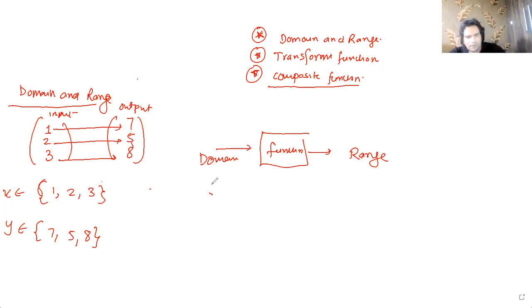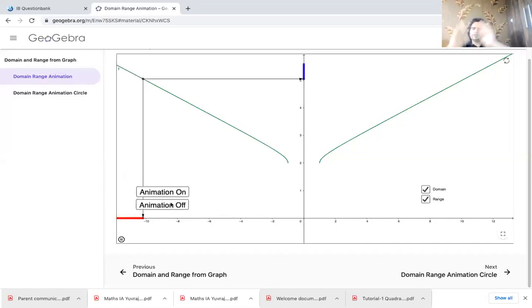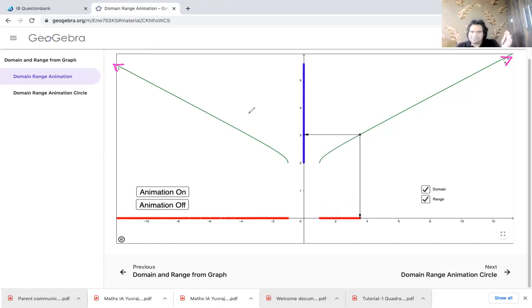graph, and I'll just show that animation here. Now when you look at the given graph, you can see that it extends to both sides all the way to infinity. Whatever x values the graph takes is called the domain. So the red lines that you can see along the x-axis, that's your domain.